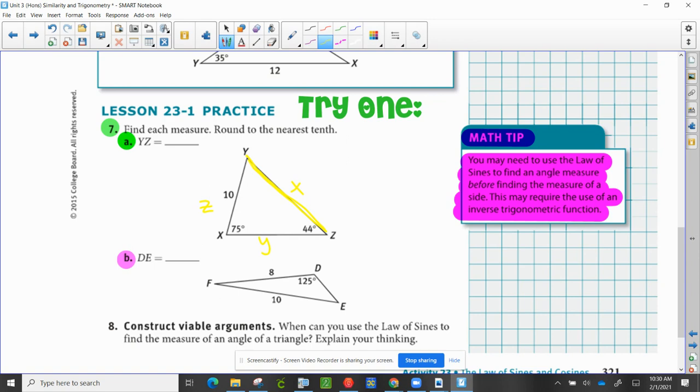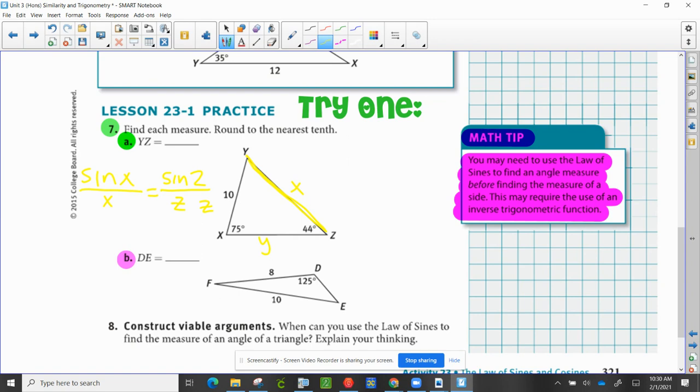Okay? So we have to find YZ, so we're using sine of x over little x. What else do we know? Well, we know the length of little z, and we know the angle for little z. So let's do sine big Z over little z. So there's your setup. Now plug in your numbers, and you guys find, what do you get for YZ?